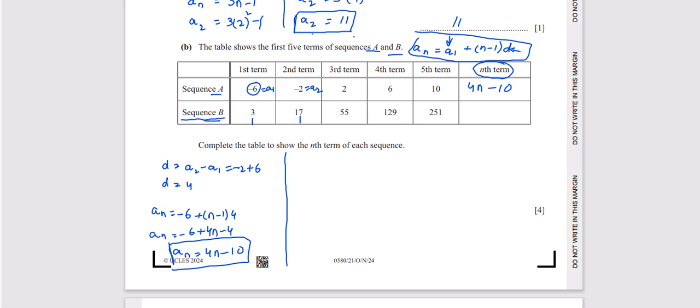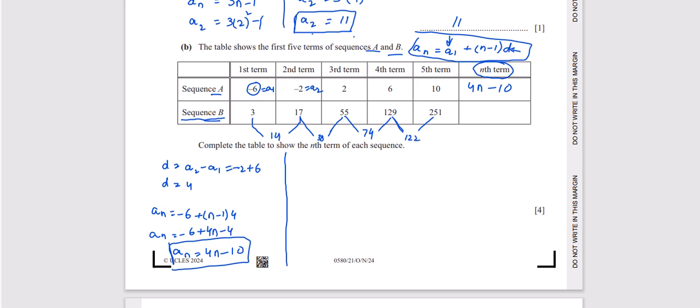The difference of these numbers: 17 minus 3 is equal to 14. 55 minus 17 is equal to 38, then 74, and then 122.